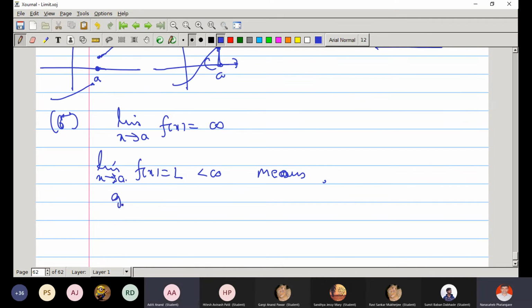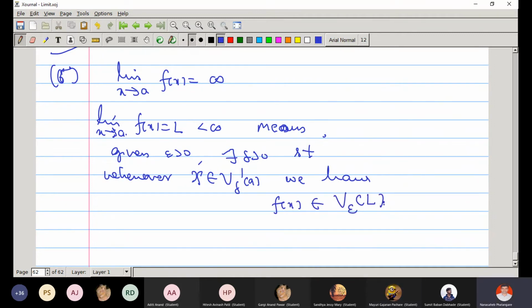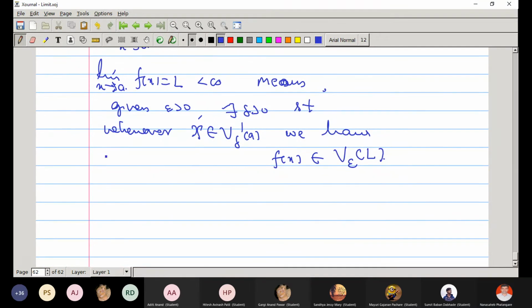Yes, sir. Given epsilon, there exists delta such that whenever x is in delta neighborhood of A, we have f of x is in epsilon neighborhood of L. Right.